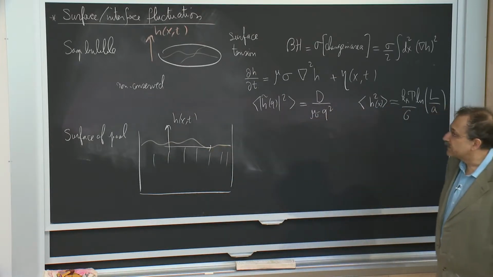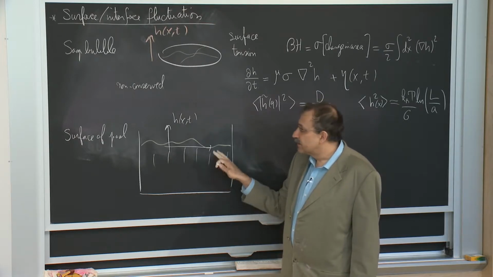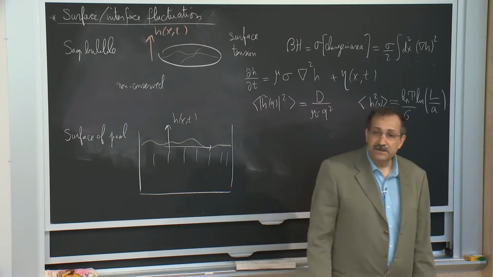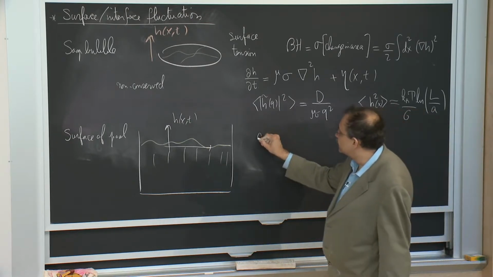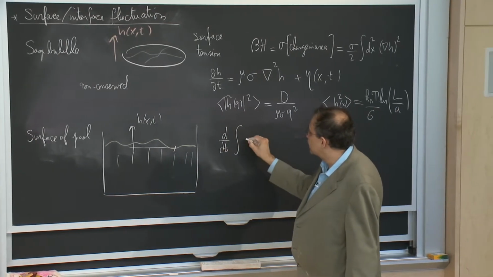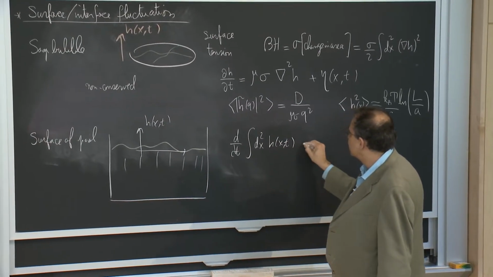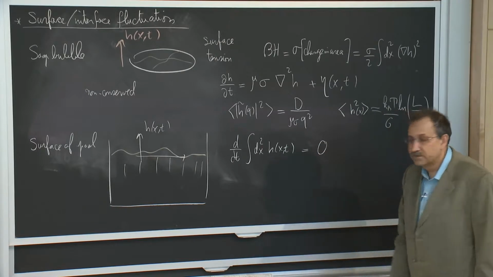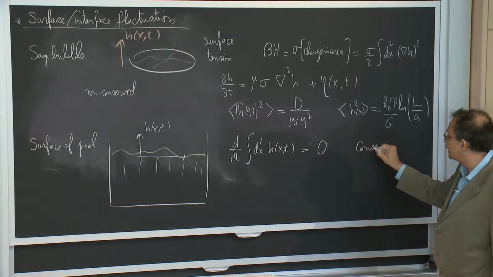The difference is that if I ignore evaporation and condensation, the total mass of water is going to be conserved. So I would need to have d by dt of the integral d2x h of x and t to be 0. Okay? So this would go into the conserved variety.